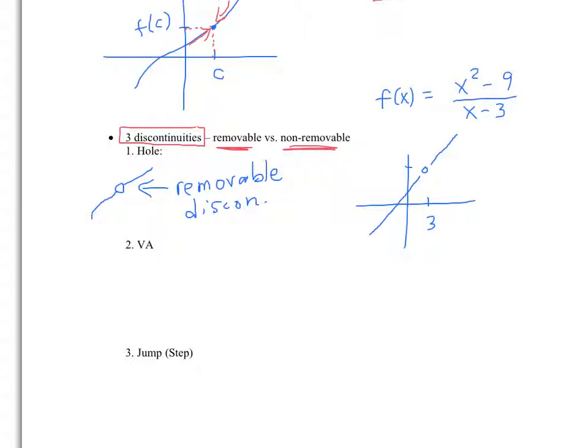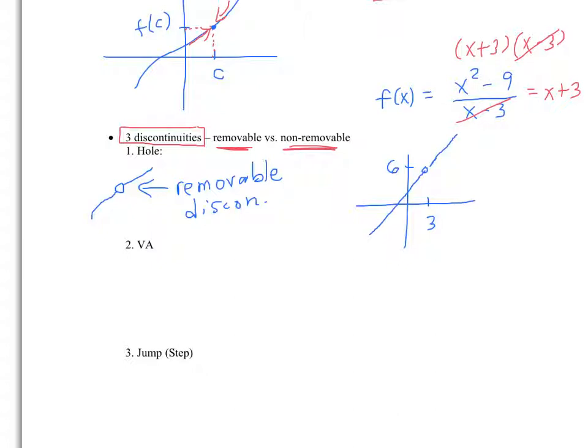And if you were to zoom in on this, you would see that the y value there at that hole would be 6. So if we were to examine this a little bit further, if we were to factor this expression, x squared minus 9 is x plus 3 times x minus 3, the x minus 3's would cancel, and we'd be left with just x plus 3.